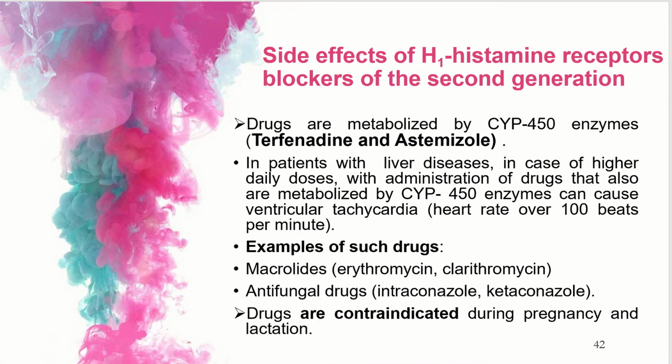What are some of the side effects? And we did mention some of them, which is why we said fexofenadine was a better choice. But just to reinforce here, drugs are metabolized by CYP450 enzymes, terfenadine, etc. In patients with liver diseases, in case of higher daily doses with administration of drugs that are also metabolized by CYP450 enzyme, it can cause ventricular tachycardia, which is heart rate over 100 beats per minute, pretty fast, right?